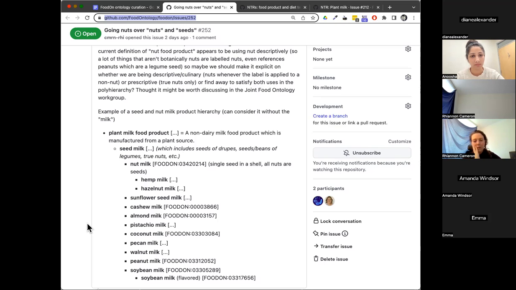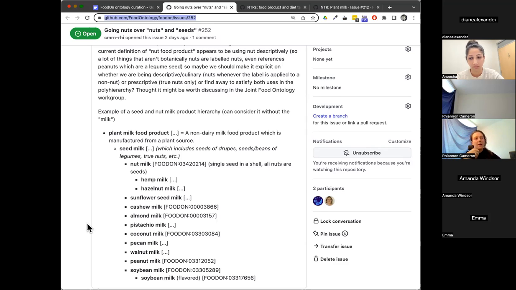So we need to reflect that in our regular nuts and seed stuff, as well as when we eventually do make our nut and seed milks, that hierarchy. So I was looking a bit more into the botanical definitions, okay, all true nuts are a seed, and so they go under seed milk, and we have a lot of things that are currently under nuts that aren't technically true nuts.